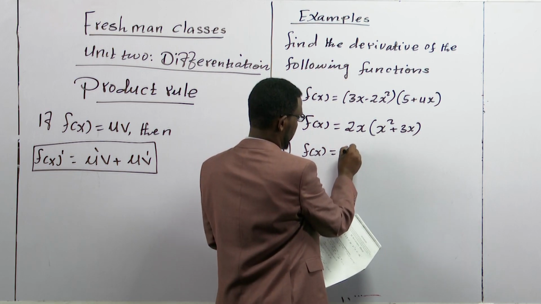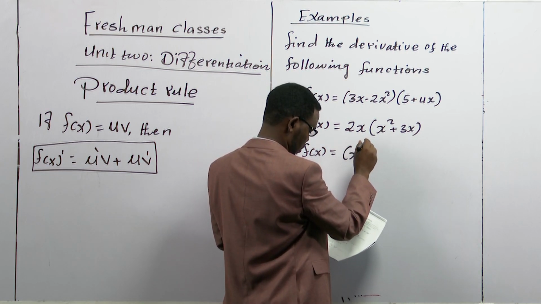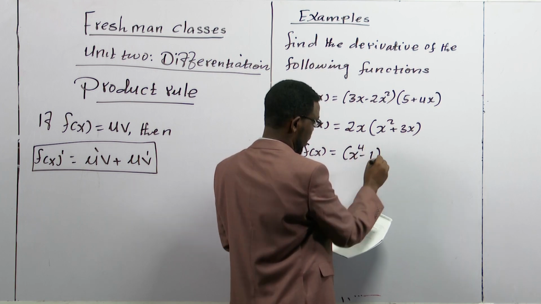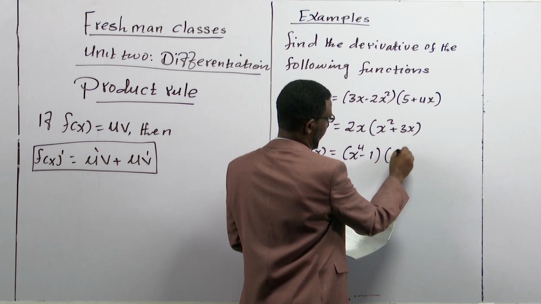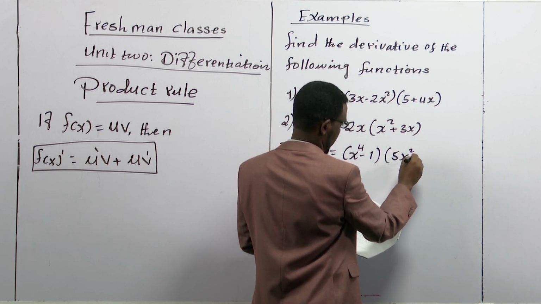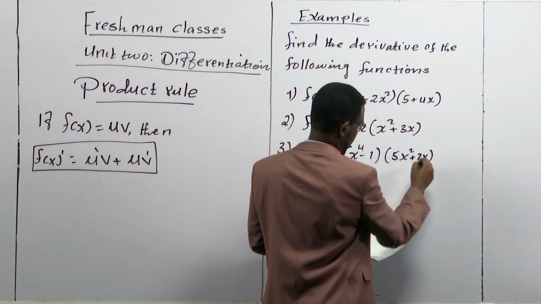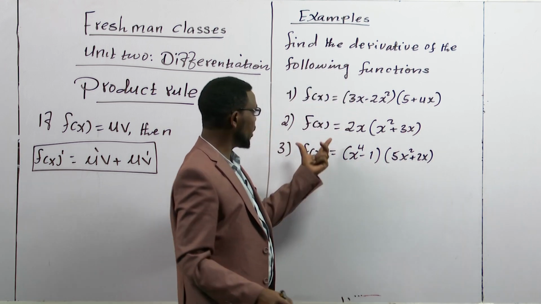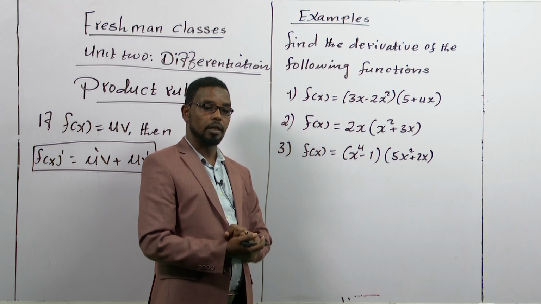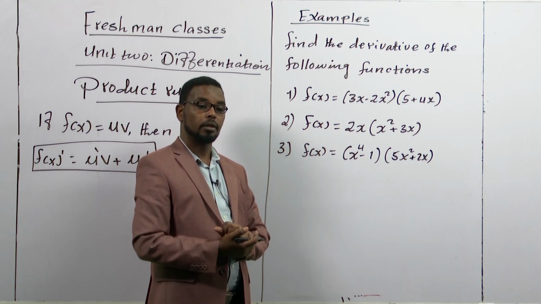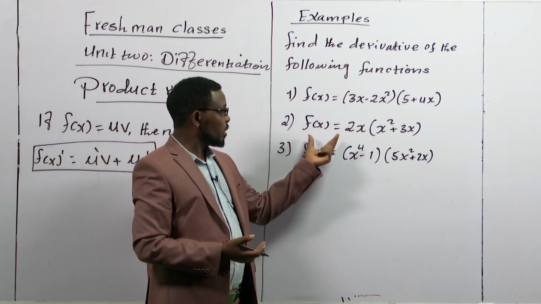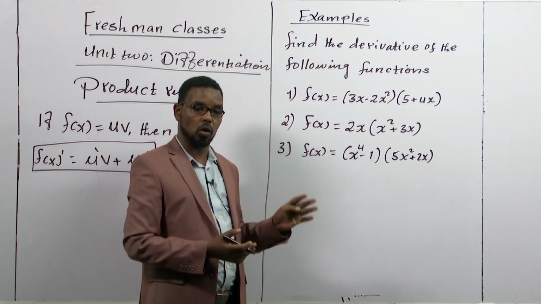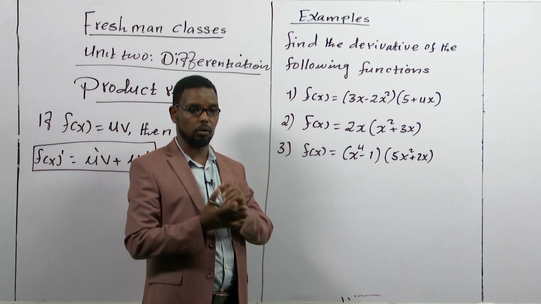Example 3 is x to the power 4 minus 1 times 5x squared plus 2x. We have here three examples in our lecture note. We just want to show you how to solve these problems by using the product rule.